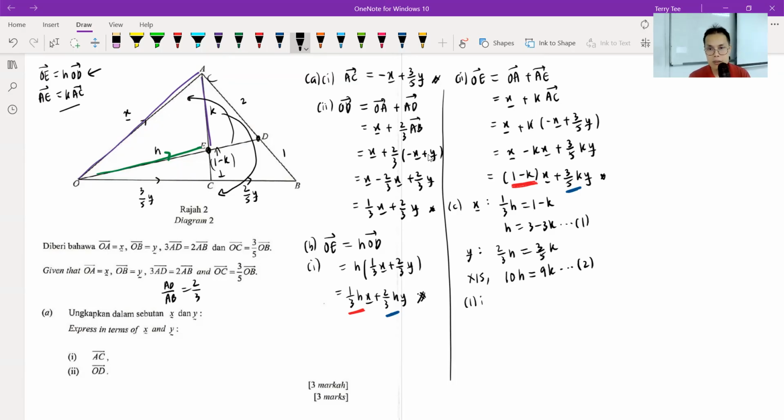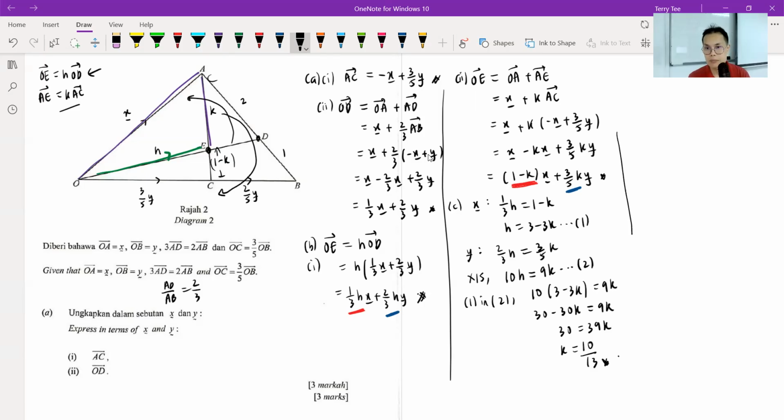Let's sub 1 in 2. 10 times (3 minus 3k) equals 9k. So 30 minus 30k equals 9k, 30 equals 39k. 30 divided by 39, you can divide by 3, is 10 over 13.